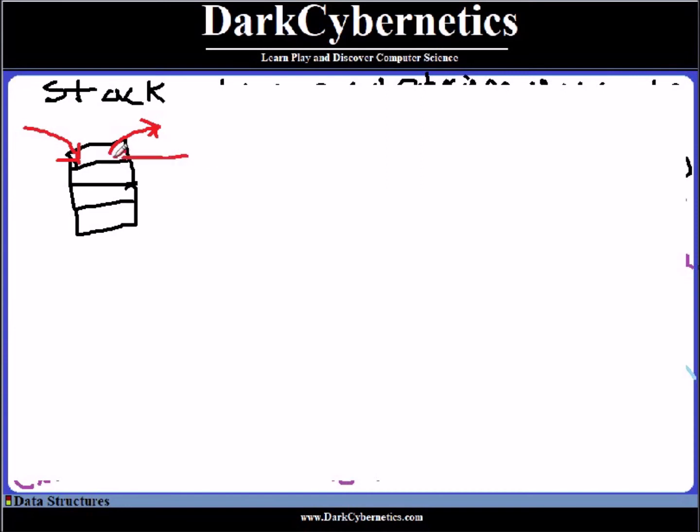So let's draw a red line to that. Alright, so let's label it. So this is peek, it's two E's, P-E-E-K. This is supposed to be pop. And this other arrow is supposed to be push. Alright, so for a stack: push, pop, and peek.